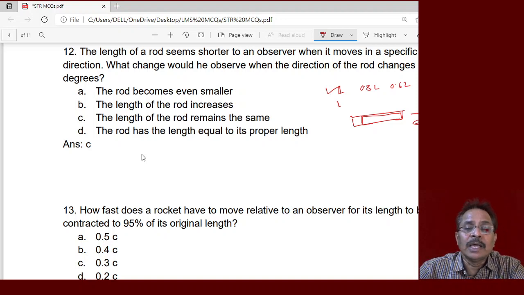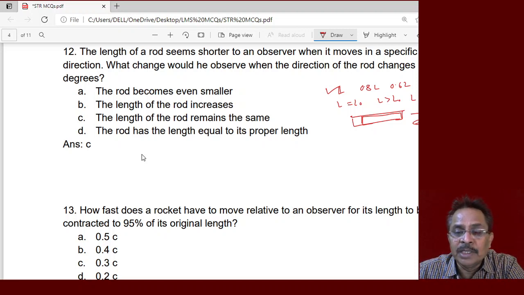So whether L is greater than or equal to L0, L is greater than L0, or L is less than L0, what is the possibility? Here also it doesn't matter whether you are moving in the forward direction or in the reverse direction, as long as the relative velocity of these two objects, the rod and the observer, is the same.